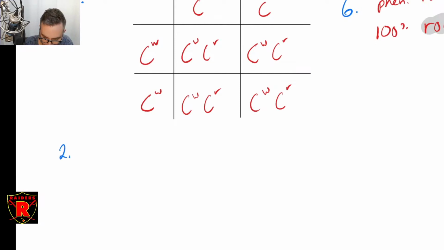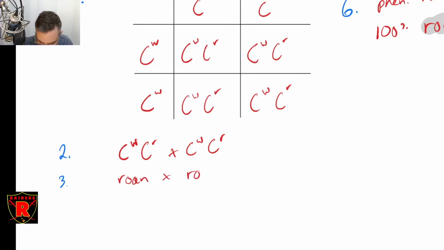So I'm going to start with my genotypes of parents. CW CR, crossed with CW CR. So this would be 2 roan, right? So step 3 here would be roan times roan.